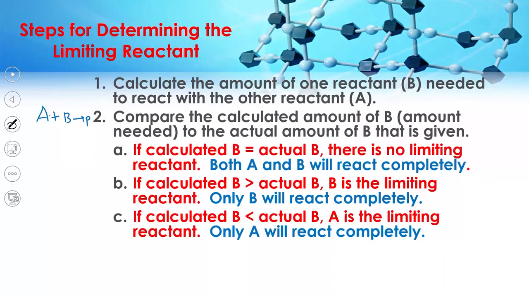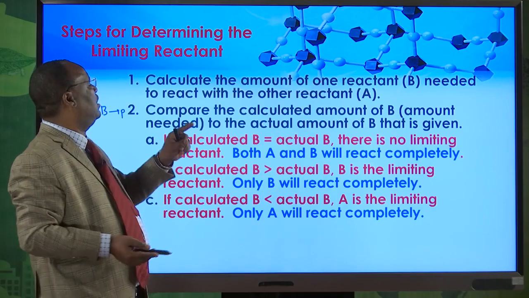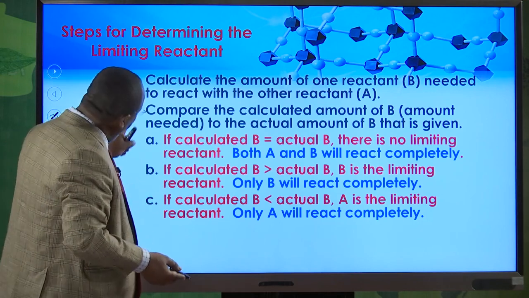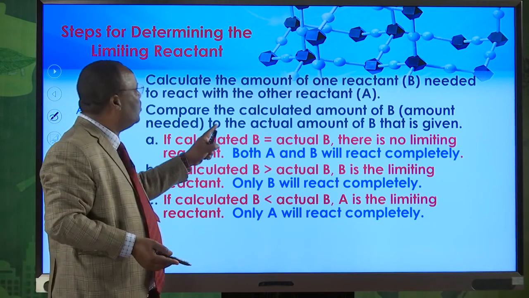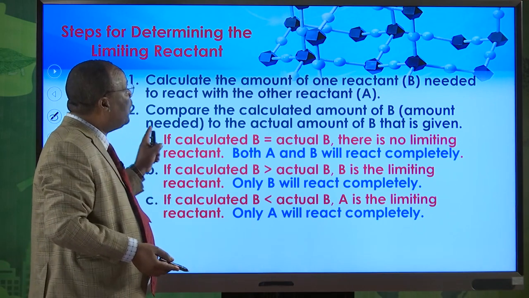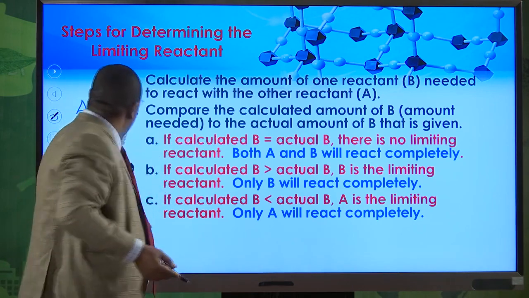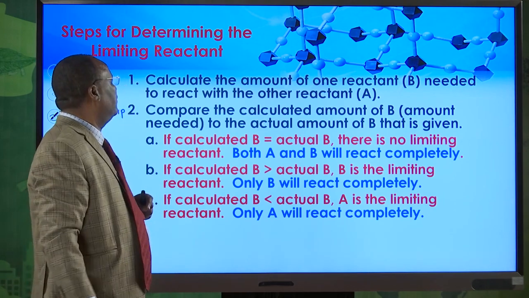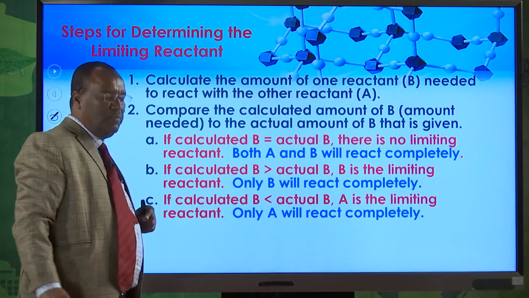Compare the calculated amount of B to the actual amount of B that is given. If calculated B is equal to the actual B, there is no limiting reactant. Both A and B will react completely.